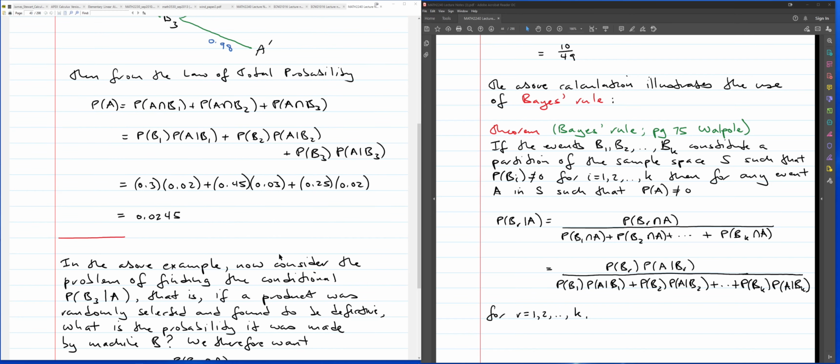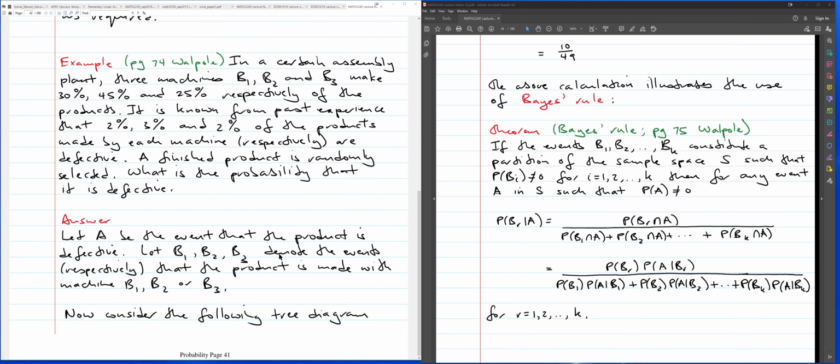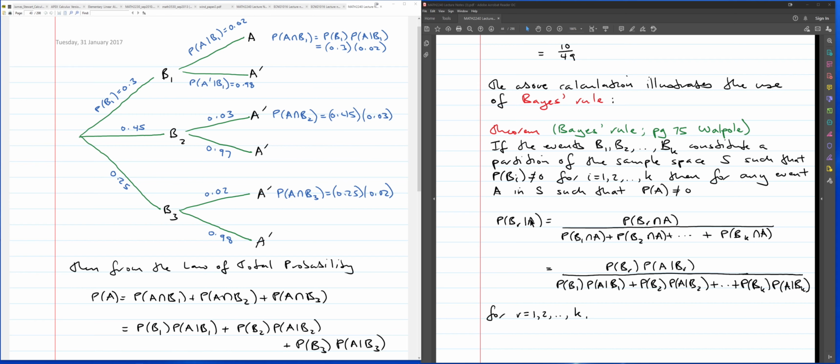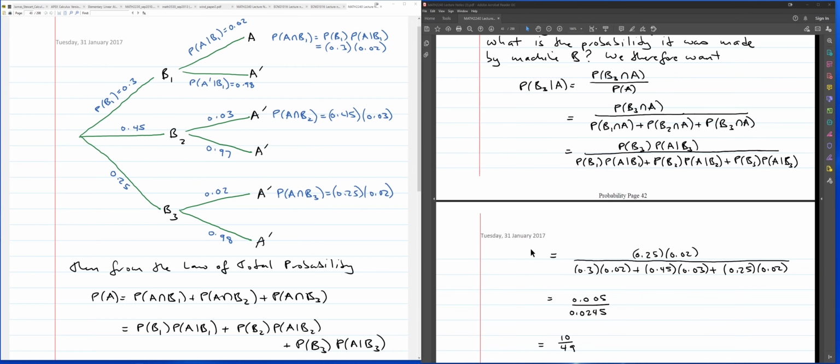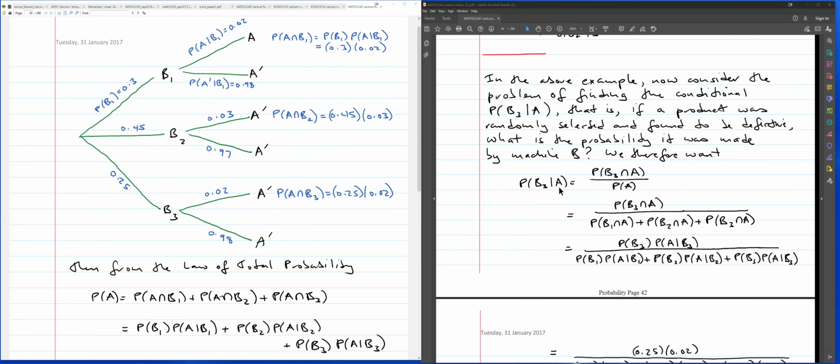But really, when you're working out Bayes' rule in these particularly simple cases, and the simple case that we just looked at was probability of B3 given A, how you'd work it out is you'd want probability of A on the bottom. For that, you take these two edges and multiply, these two edges and multiply, these two edges and multiply, so you add up all your cases where you have probability of A. Then you take your two edges for what you want.